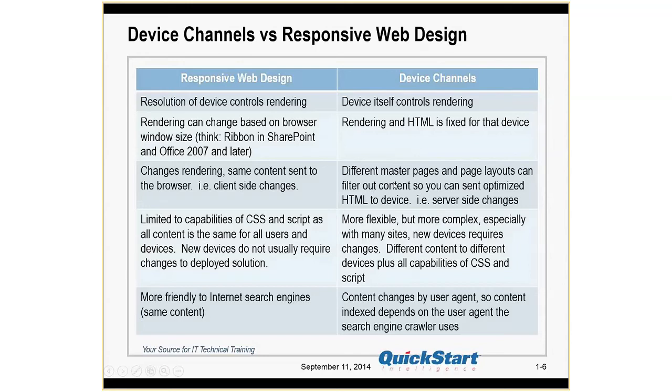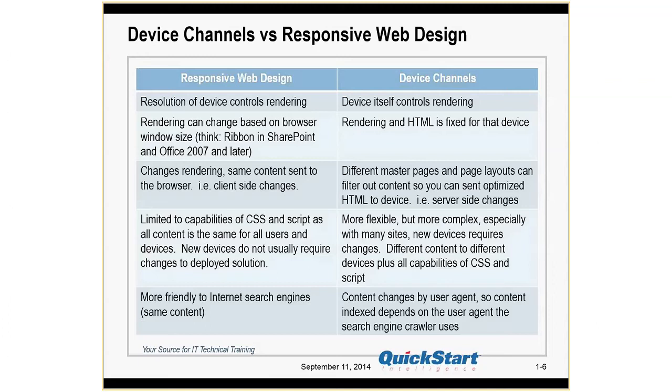With device channels, you can have different master pages, different page layouts, and the page layouts can filter the content that's actually sent down to the device. So where you might want to send a very rich page with a lot of content down to someone using a desktop computer, and a much more restricted set of content down to, say, a smartphone. With responsive web design, all that content is sent to every device, and it's filtered in the browser what actually gets displayed.